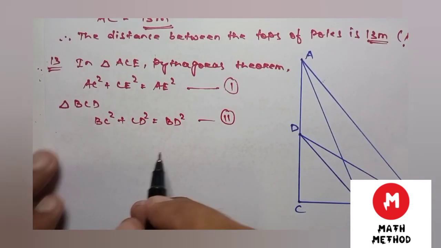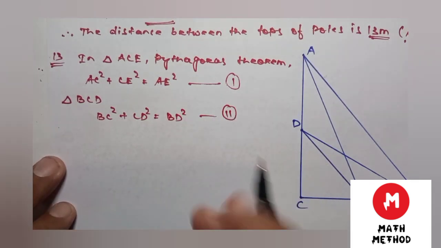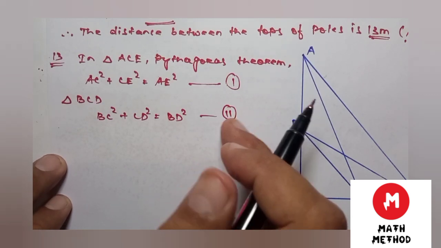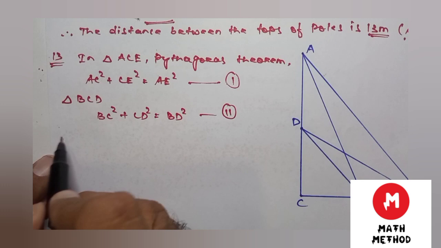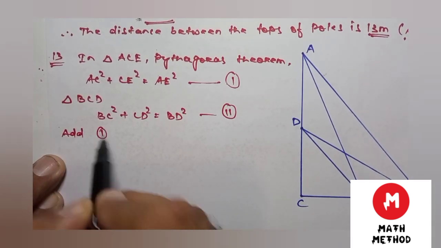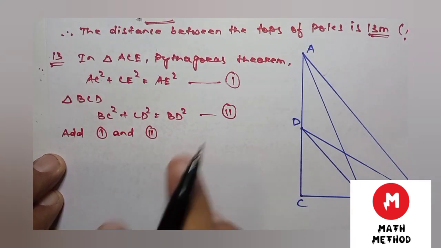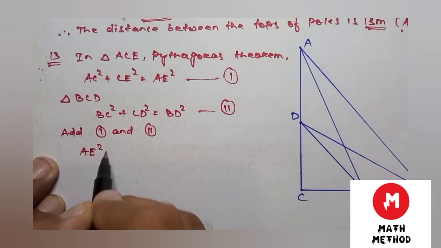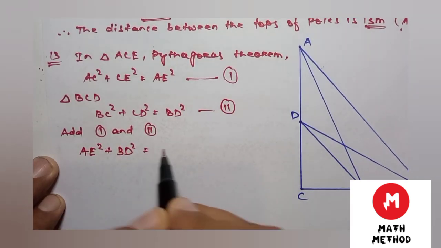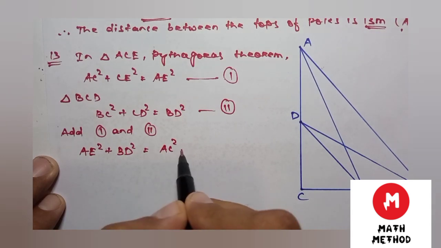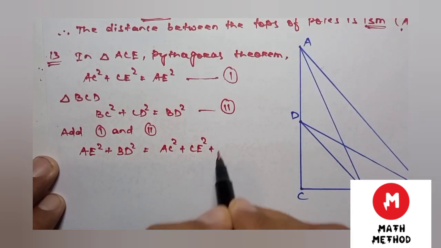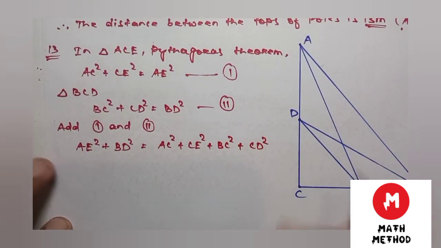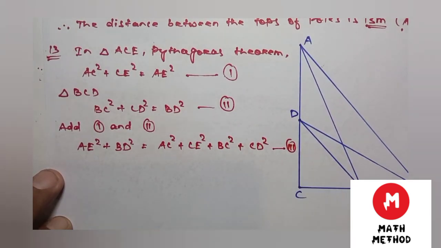This is our equation 2. Now from equations 1 and 2, if we add both LHS and RHS, we will get AE square plus BD square equals AC square plus CE square plus BC square plus CD square. Clear? So make it equation number 3.